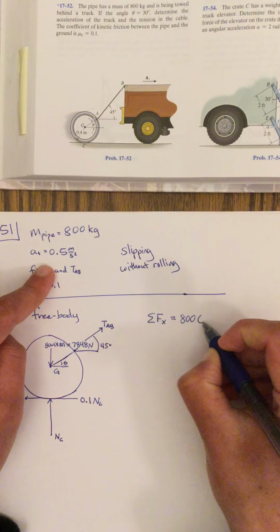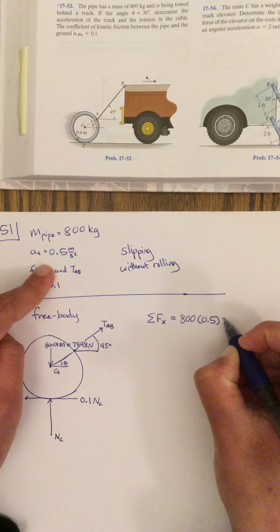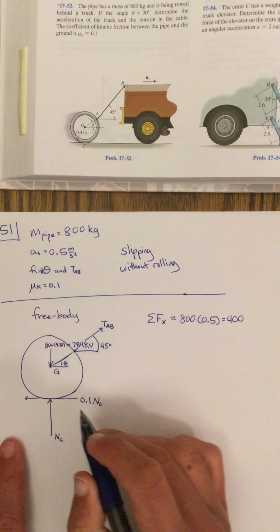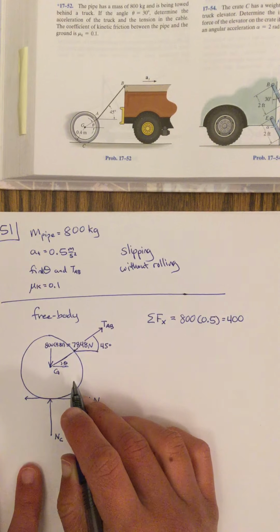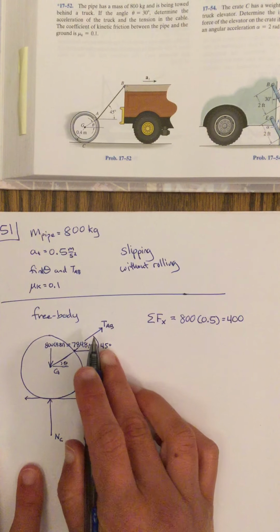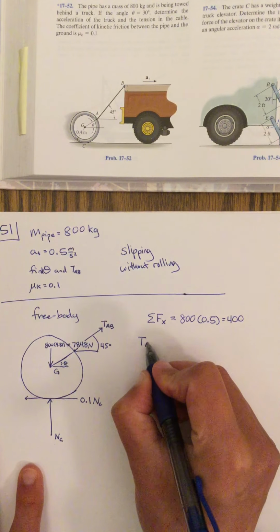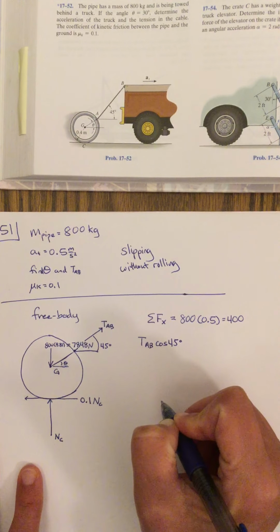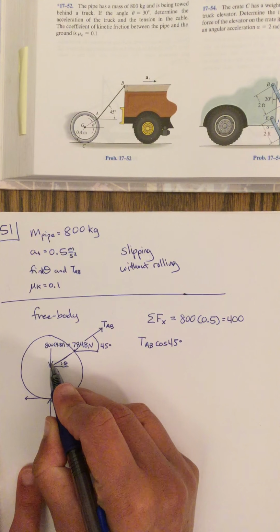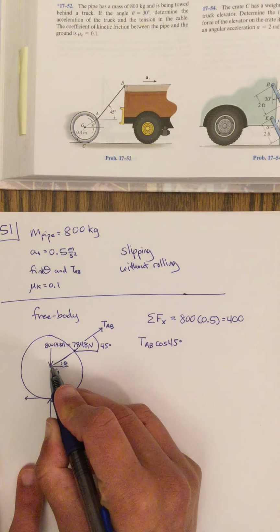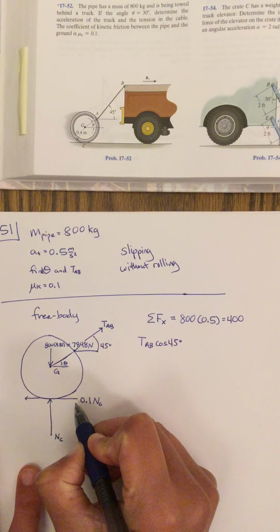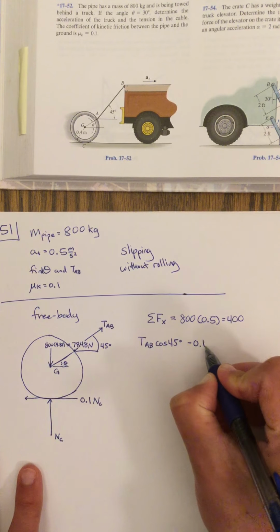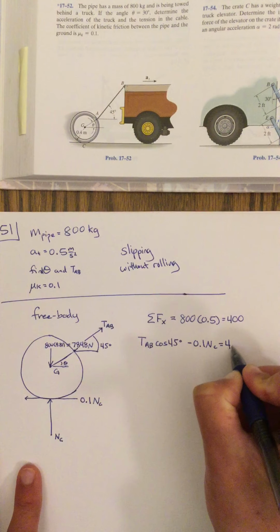So that would be 800 times 0.5, which is equal to 400. The forces acting on the pipe in the x direction are the cosine component of tension, so that's TAB times cosine of 45 degrees. And I have a force of gravity acting downward here that does not have a component in the horizontal direction. And I have a force of friction which is acting in the negative x direction, so that's minus 0.1 NC, that's equal to 400.